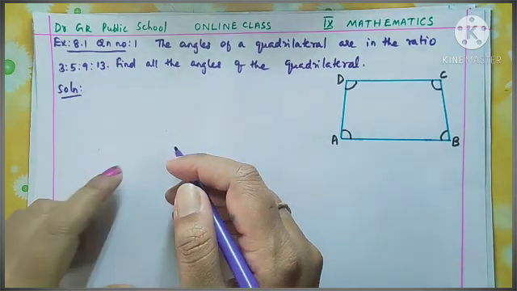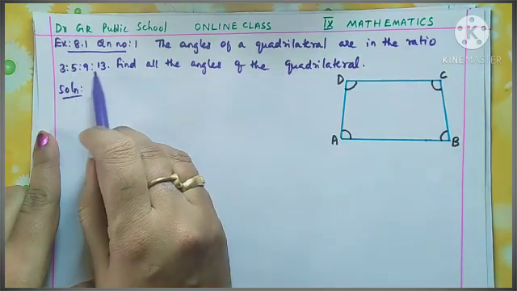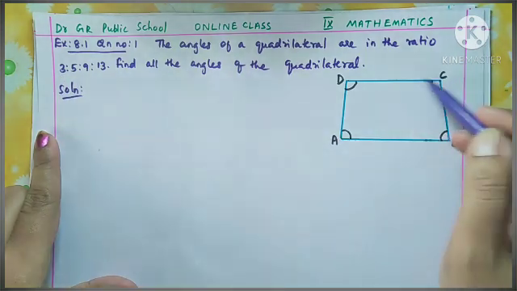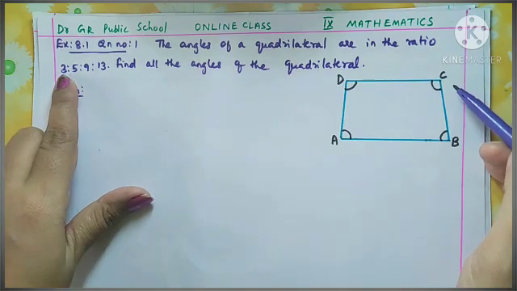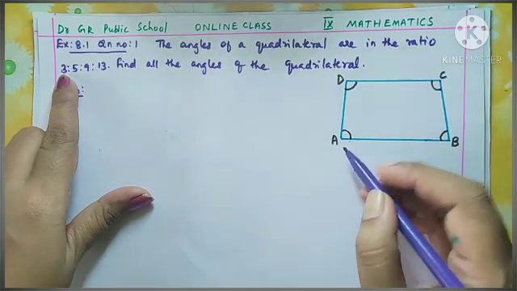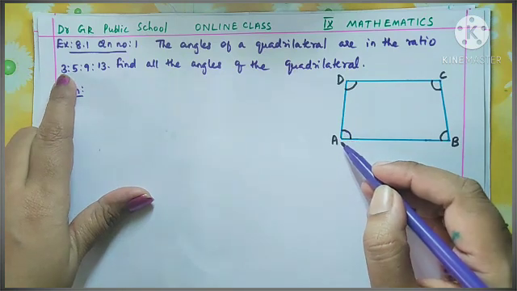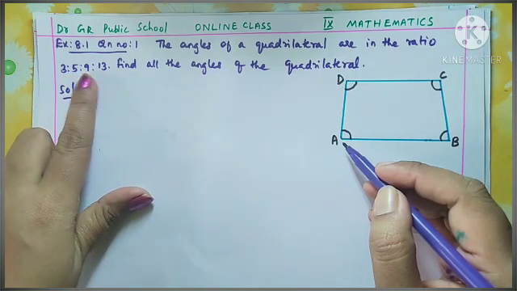Here the ratio is given as 3:5:9:13, which is the simplest form of the ratios.